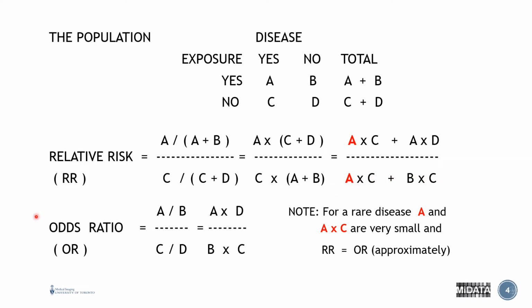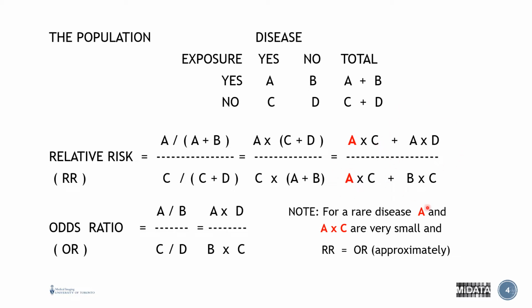And interestingly, you can rearrange the odds ratio, which we had in the previous slide, of A over B over C over D, and you can have it as A times D over B times C, which, as you can see here, is the second half of this term for the relative risk. And as the prevalence of your disease decreases, A, and inevitably then A times C, is going to get smaller and smaller and more insignificant.